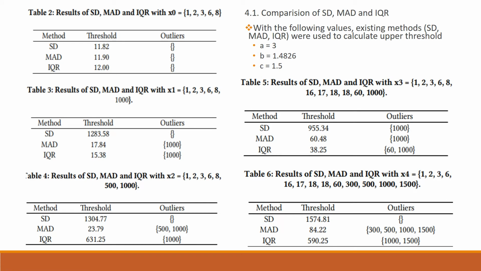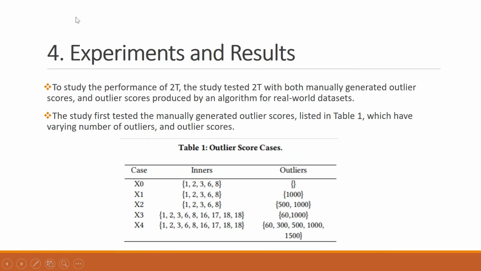So if you look at Table 2, it represents data from X0 and we didn't have any outlier. None of the methods detected any data as an outlier. Now also notice that we have added outliers on the right side, I mean to say greater numbers on the right side.